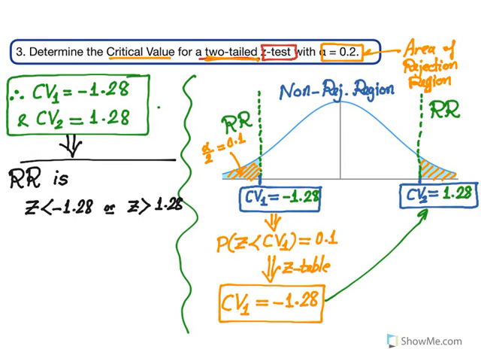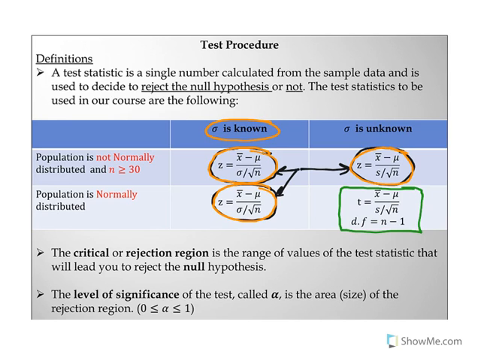You need to take anything that is less than the first critical value and anything that is bigger than the second critical value. This way you cover this part here and this part here. Those are the z's for which you would reject the null hypothesis if you get them from the formulas here.